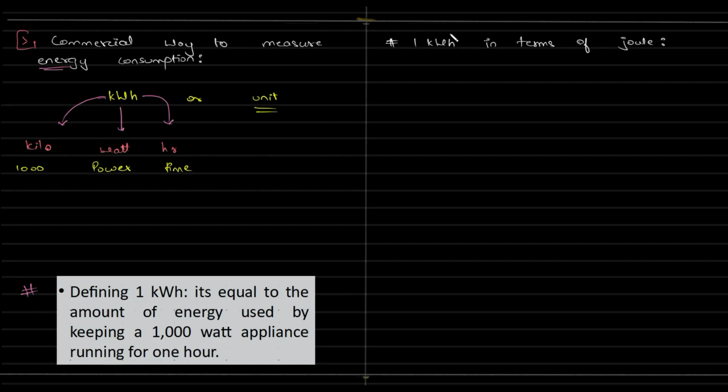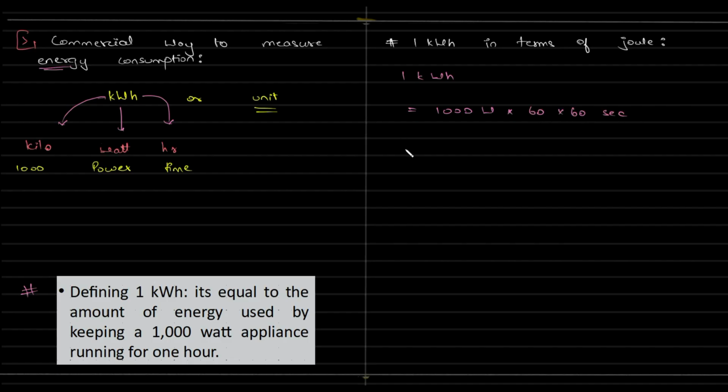We need to express 1 kilowatt hour in terms of joules so that you understand why power consumption in terms of joules does not make sense. So how big is this unit that it has been replaced? Let us begin. 1 kilowatt hour is nothing but 1000 watt into an hour, which is 60 into 60 seconds.